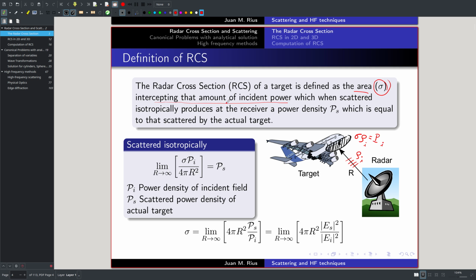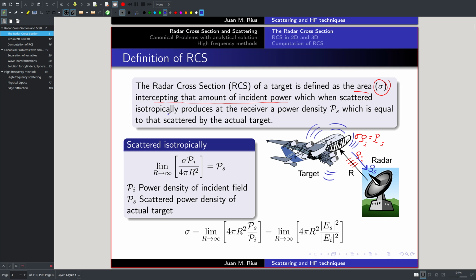So the area intercepting that amount of incident power, which when scattered isotropically, so the target scatters isotropically this intercepted power, okay, and produces at the receiving radar antenna a power density equal to that scattered by the actual target.